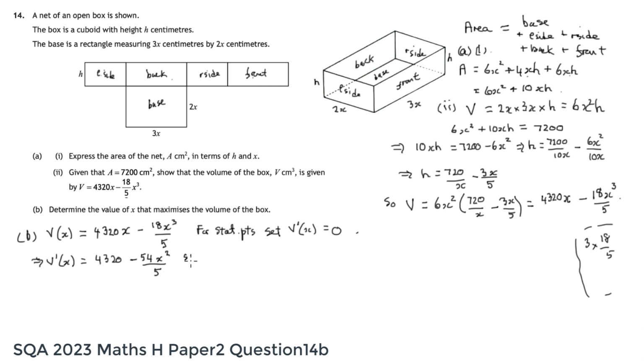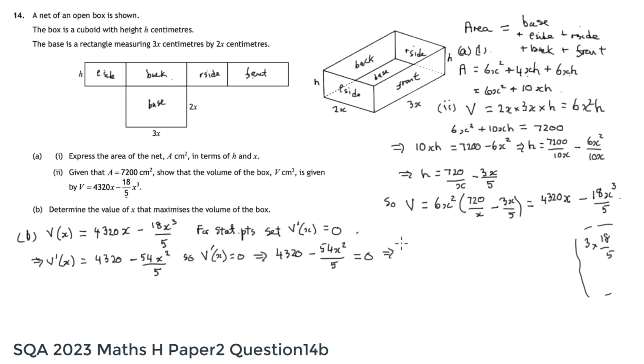And so if we're finding stationary points, we set that expression equal to 0. So 4,320 minus 54x squared over 5 equals 0. So let's add 54x squared over 5 to both sides. That'll appear over here, equaling 4,320.